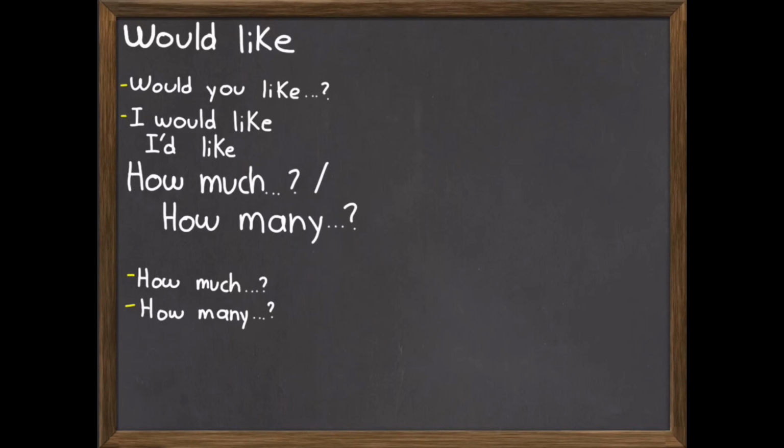There are 5 students. We said a number, so students is a countable noun. How many steaks can you eat? How many tacos? How many meatballs can you eat? Those are the differences between how much and how many.